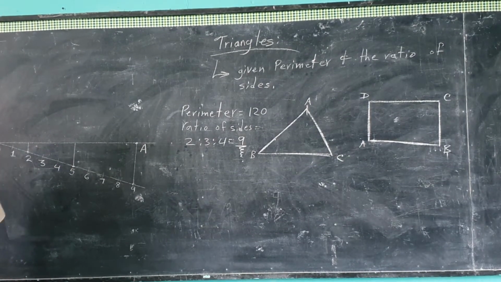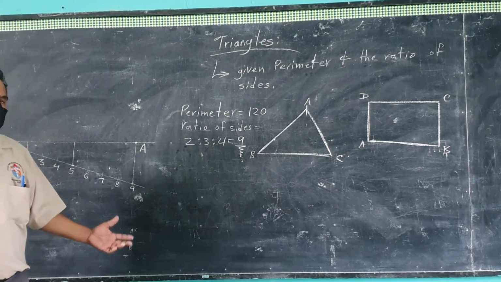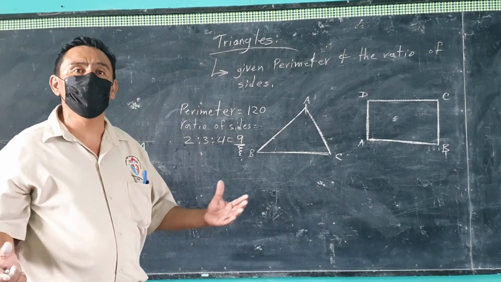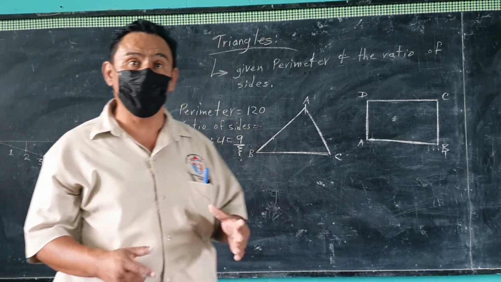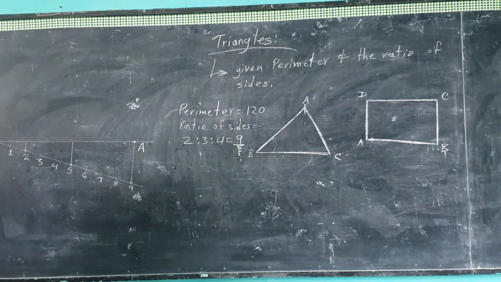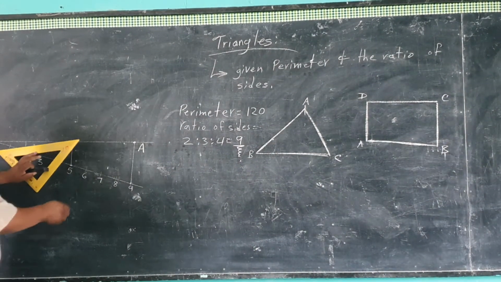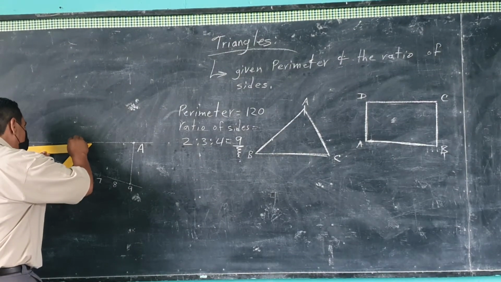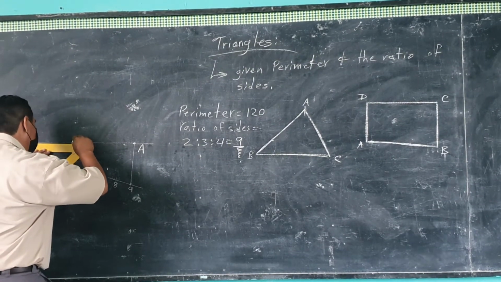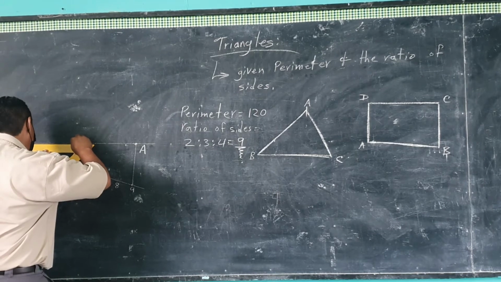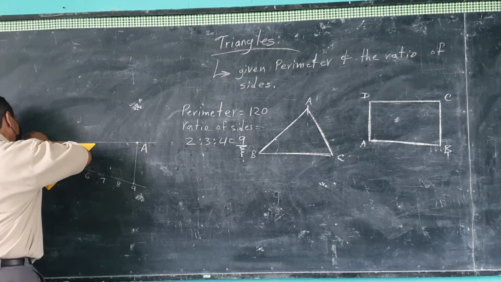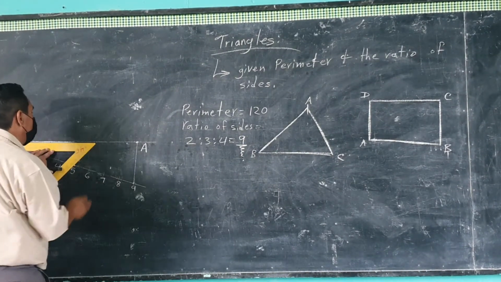Now what are you going to do here? Most of the times we tend to use the middle line to be our base. Look at this. So I will darken this here, class. I will darken this. There.